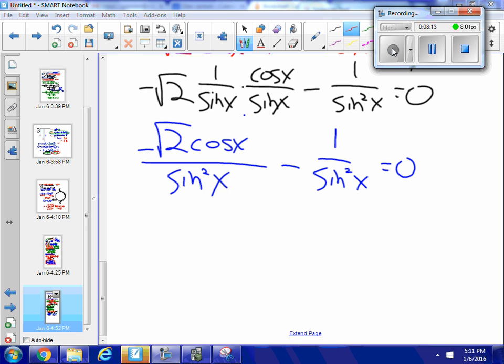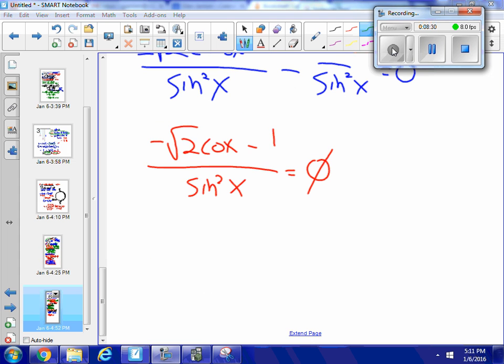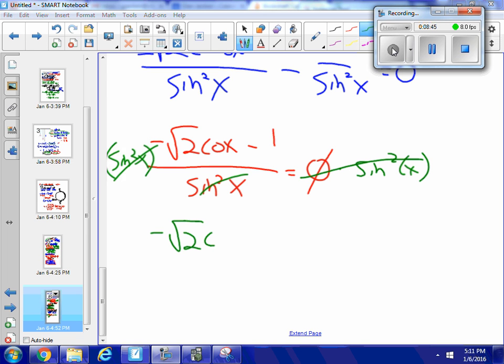So that's the same thing as negative radical 2 cosine x minus 1 over sine squared x equal to 0. If I multiply both sides by sine squared x, those cancel out. So I have negative radical 2 cosine x minus 1 is equal to 0.